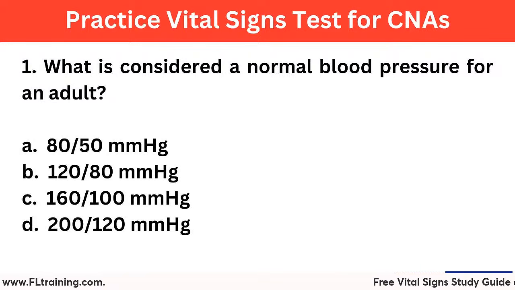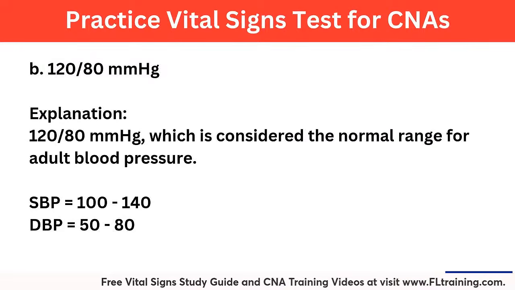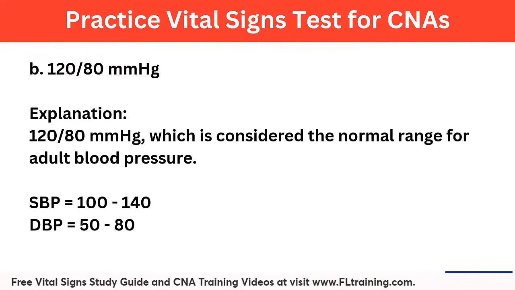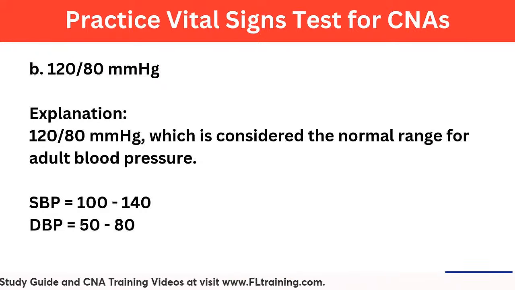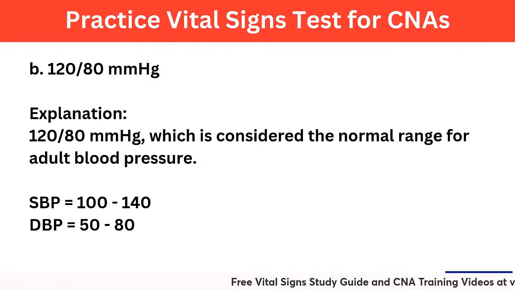I see a couple of varying answers, but the majority of you said B, and B is the correct response. So 120 over 80 millimeters of mercury, so the mmHg stands for millimeters of mercury, is considered the normal range for an adult blood pressure.